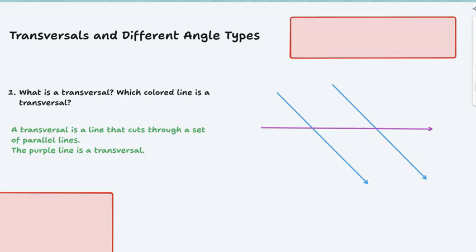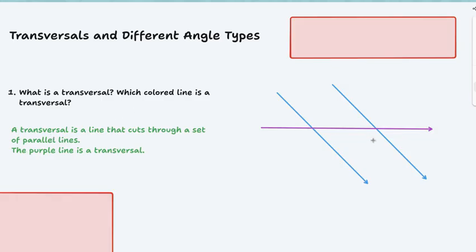Okay, so here is the answer to the first question. A transversal is a line that cuts through a set of parallel lines. So if you said that, then you get this first part of the question correct. And the second part of the question was, which colored line is a transversal?